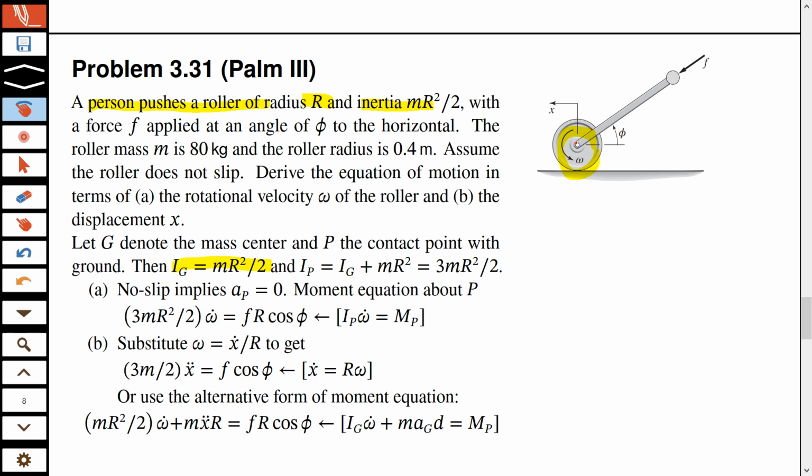G is this point, let's represent this point by G, and let's represent this point of contact by P. So Ig is just given to be mr squared by 2, and Ip will be Ig plus, you need parallel axis theorem, which is mr squared. So if you add mr squared to this, you will get 3 mr squared by 2.